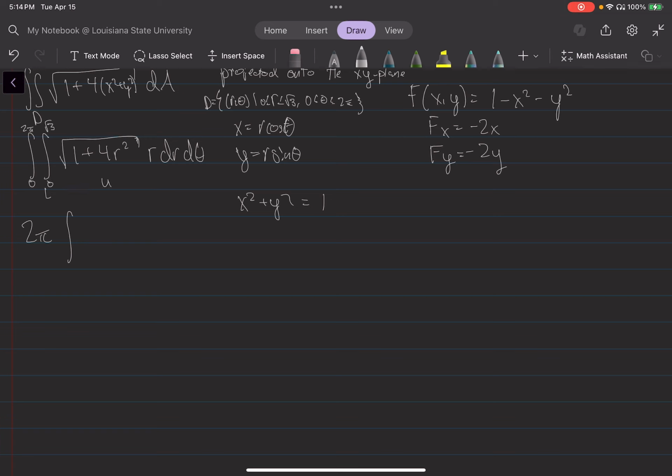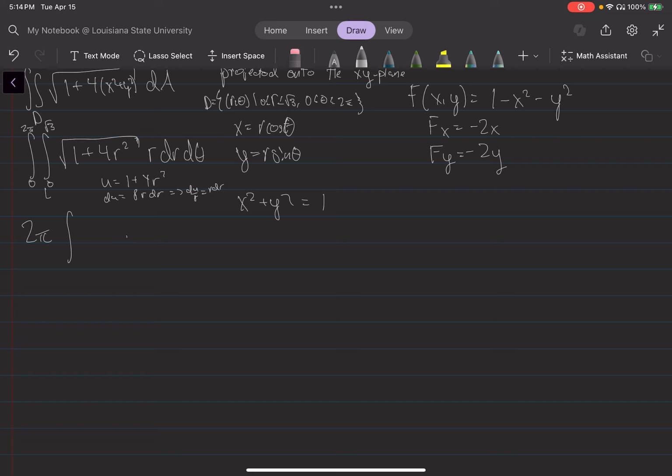So if we define u as 1 plus 4r squared, giving du to be 8r dr, then dividing both sides by 8 gives r dr equals du over 8.